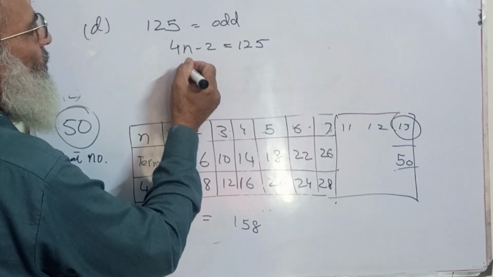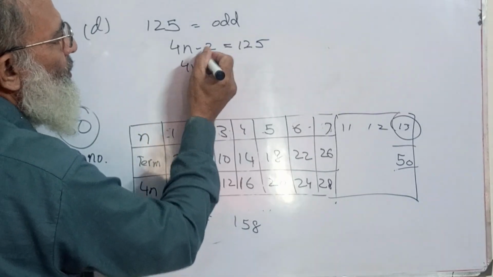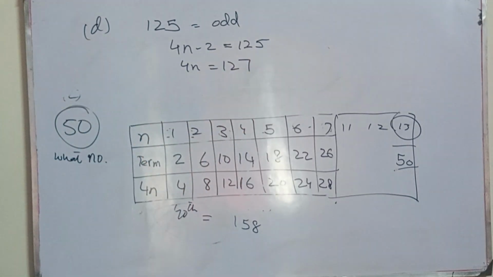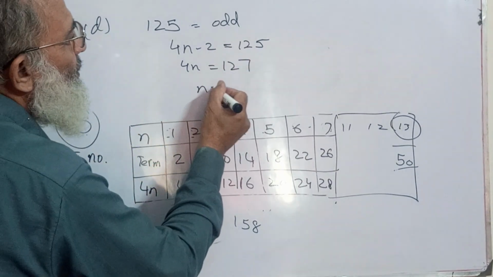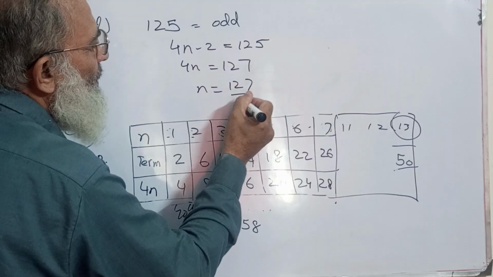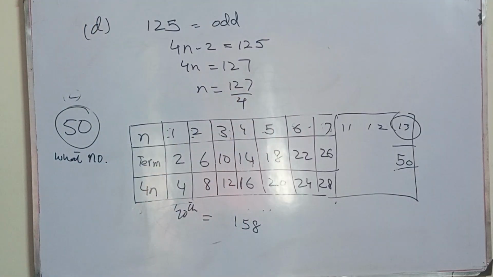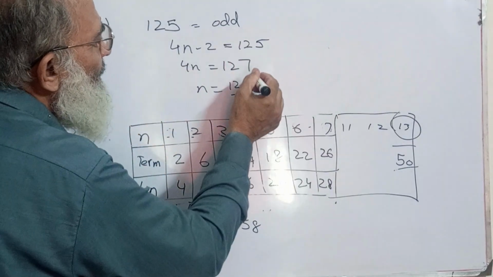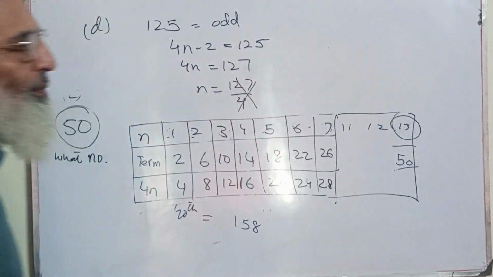So again, 4n is equal to, this will jump over here, it will become 127. So n is equal to 127 divided by 4. Now you see that this is not divisible by 4 completely.